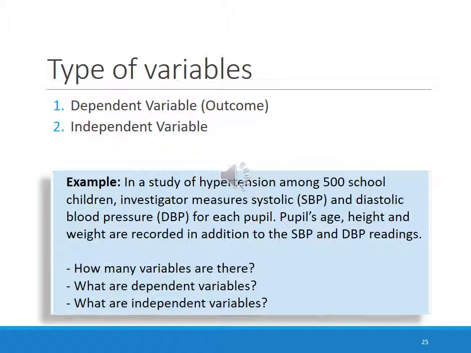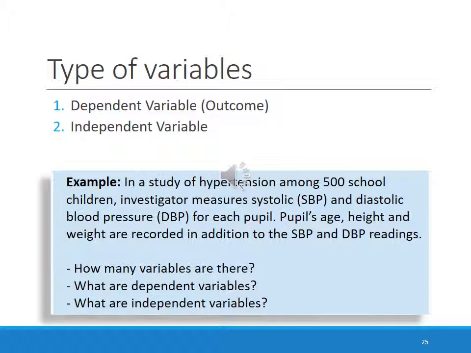So here are the questions. How many variables are there? We will find 5 variables. And what are the dependent variables? Systolic blood pressure and diastolic blood pressure, as these are the outcomes the investigator wishes to measure.